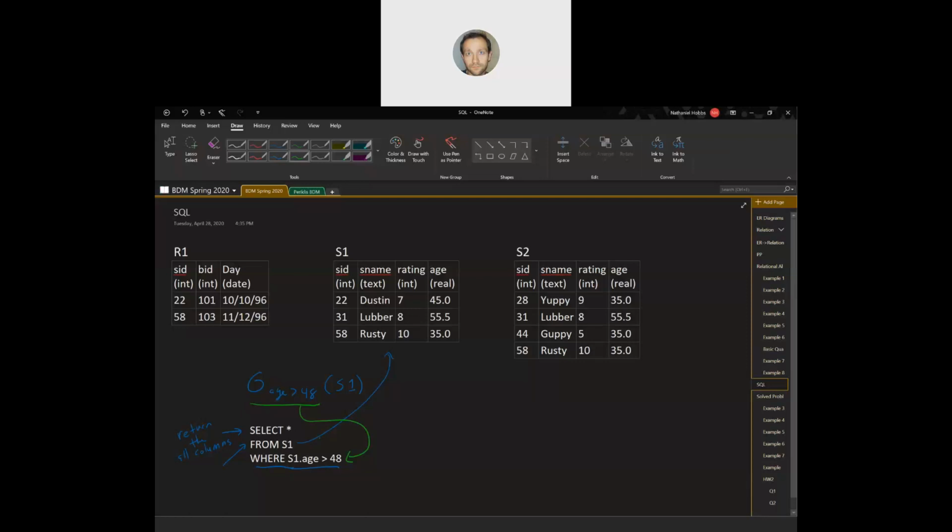The where in a SQL select statement corresponds to the sigma in relational algebra. So the sigma in relational algebra is the filter to filter out tuples, and the where in SQL is the workhorse for eliminating rows from a table.